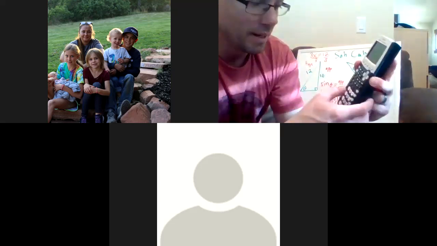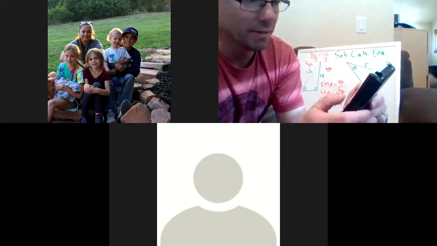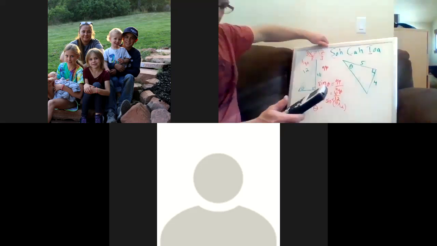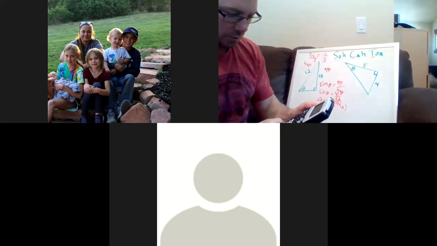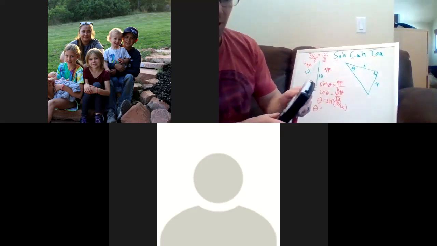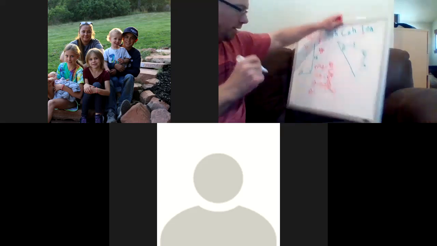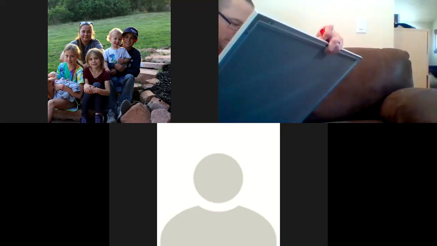There it is. I hit second sine, and there's my sine inverse there. I'm just going to do second sine of 10 over 12. Hit enter, and on my calculator, I got 56.44 degrees.